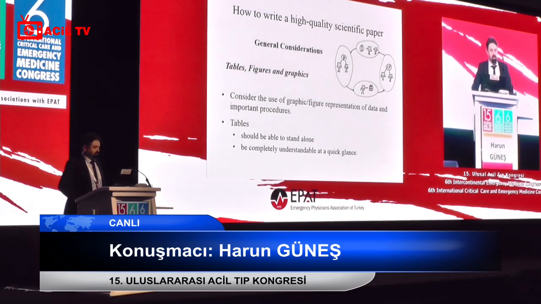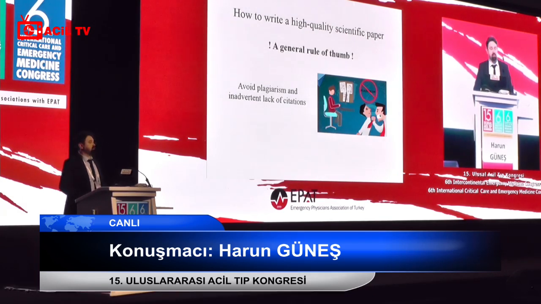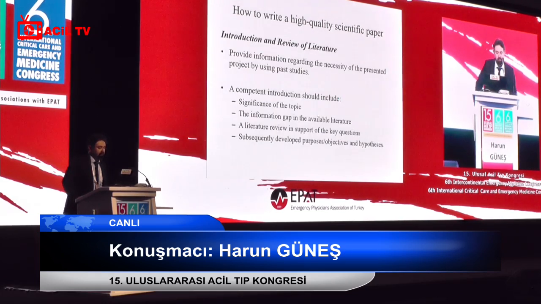Tables and figures may be considered, also graphics, for the representation of data and important procedures. Tables should be able to stand alone and they should be completely understandable at a quick glance. It is another important rule to remember. We should absolutely avoid plagiarism and inadvertent lack of citations.